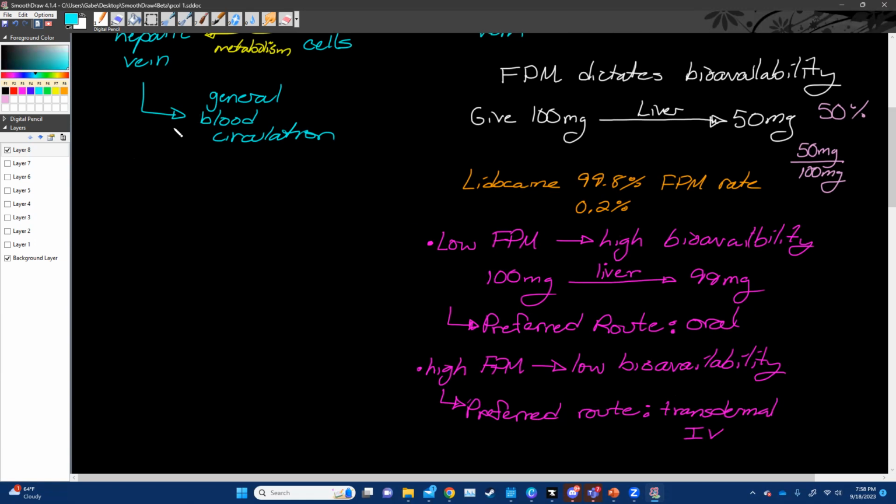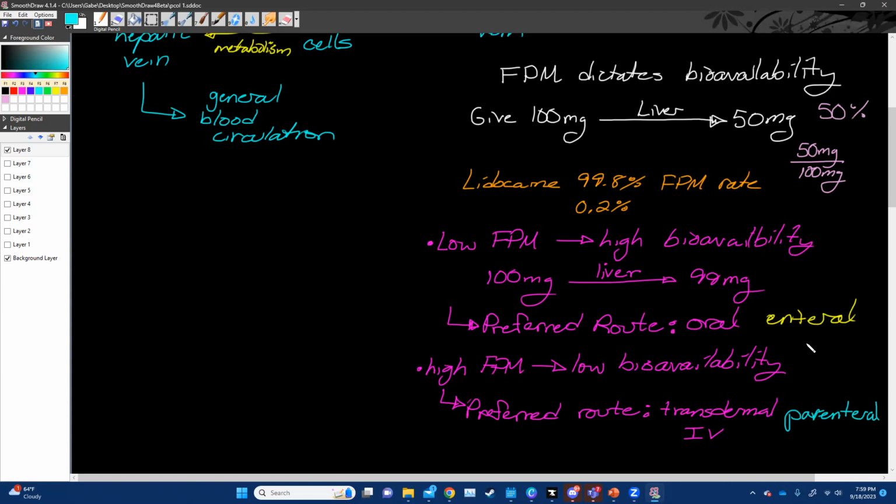One of the vocab words you will hear often is that because oral is entering into the gastrointestinal tract, we call this enteral. So it's entering the intestines, the enteral system. Whereas outside of the GI tract is called parenteral.